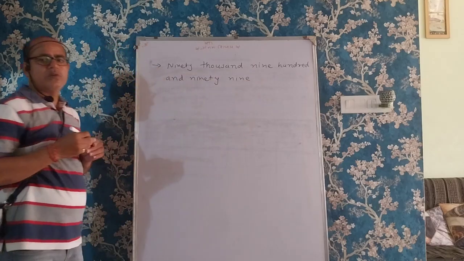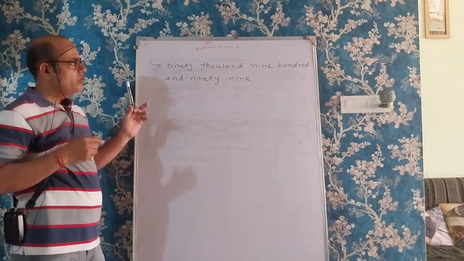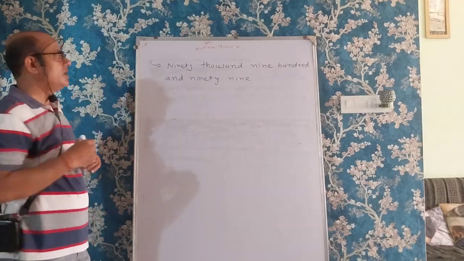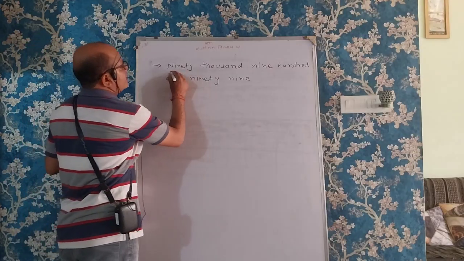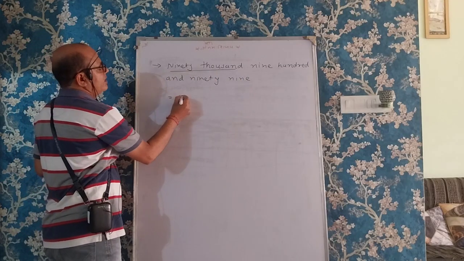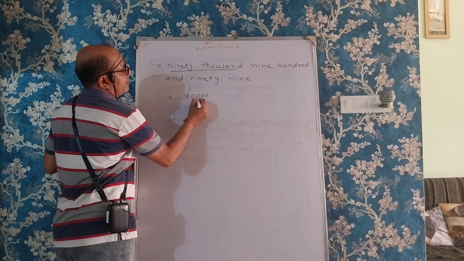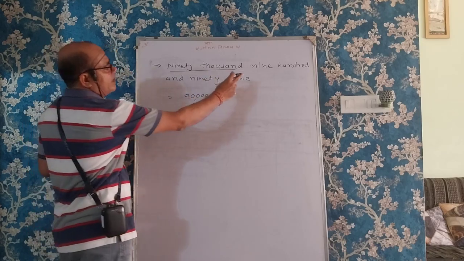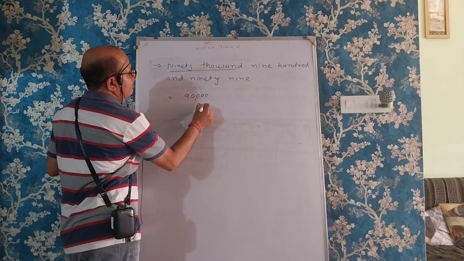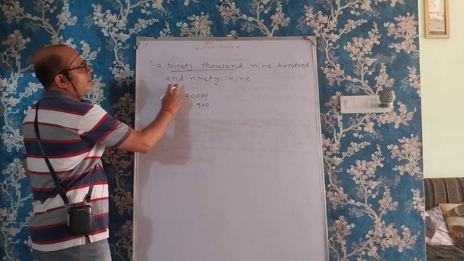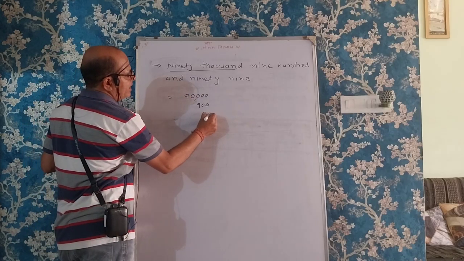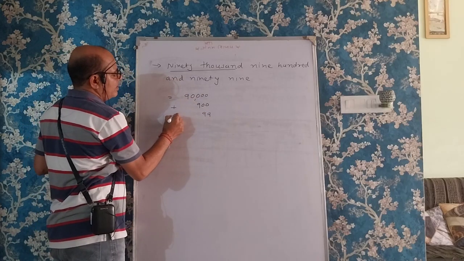Okay, so this is the second method from words to figures or digits. So what you have to write? 90,000. So you can write in digits 90,000. Okay, then 900. So 900 you have to write like this. Then 99. Then you have to add all the things.